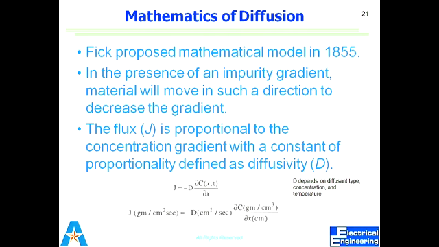If I have a boron atom here, boron has 3 outer shell electrons. If I have it in the layer but it's not replacing one of the silicon atoms, it's not activated. It's interstitial. It's of no use to me at this time.